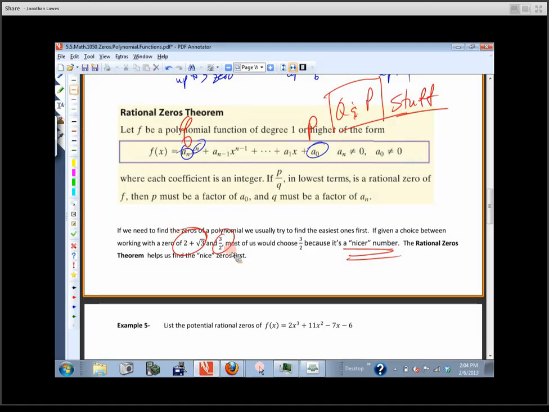Neither is the correct answer, apparently. But if you had to do one, and you were given enough time and enough money to motivate you, you'd probably want to find 3/2 before you found 2 plus radical 3, right? If you get that argument, that's the idea behind the Q and P stuff.